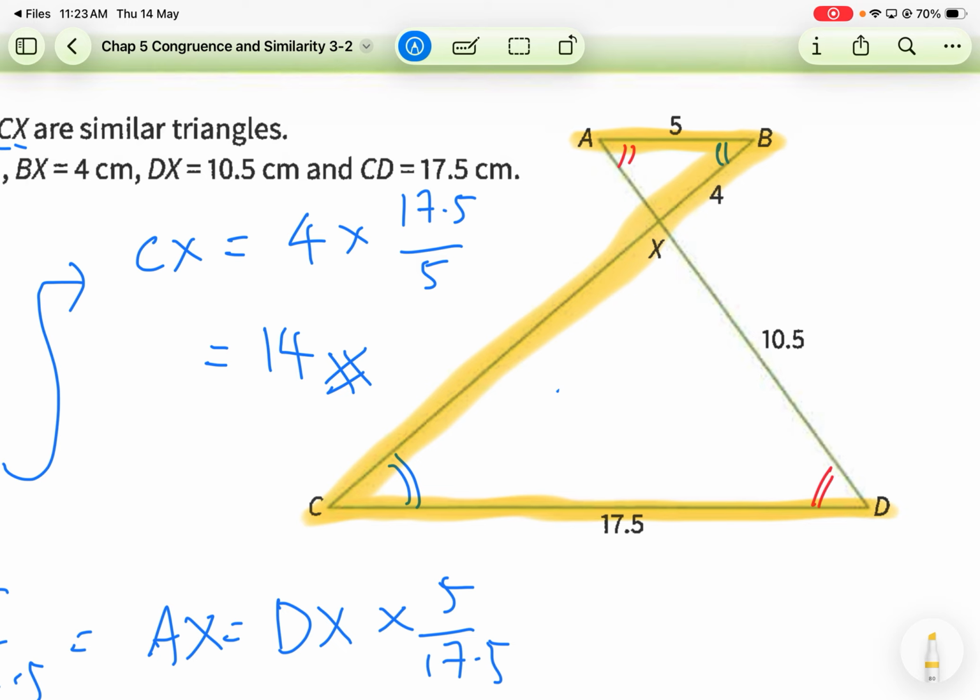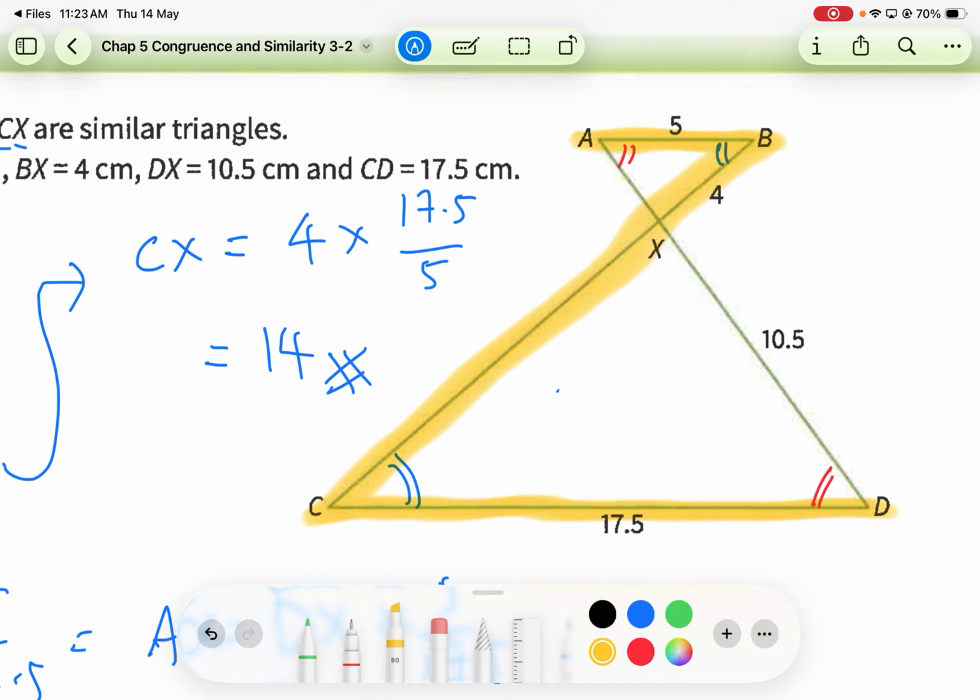There is a Z and these two angles are the same. When will this happen? When will these two angles be the same? It will only be the same when these two straight lines are parallel. AB parallel to CD. That's why they form this Z shape, which will give you the same angle. They give you the alternate angle being the same. So it's because AB parallel to CD.